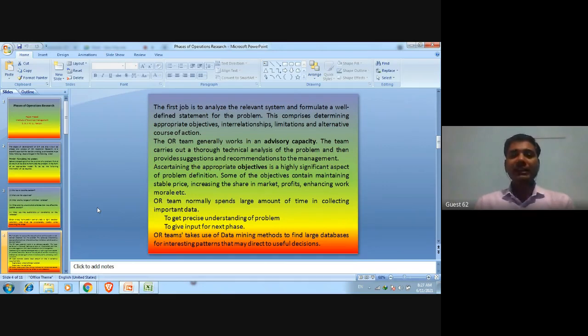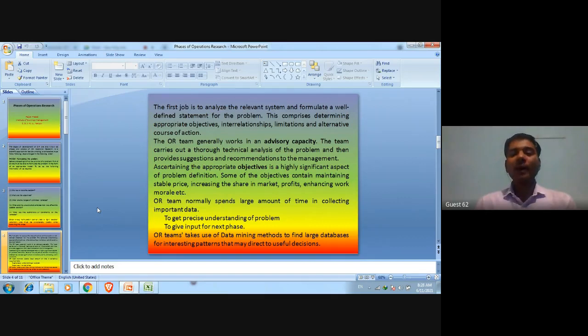The team carries out a thorough technical analysis of the problem and then provides suggestions and recommendations to the management. The team has technical knowledge and uses techniques or tools to identify the problem, and advises the management on how to solve it.